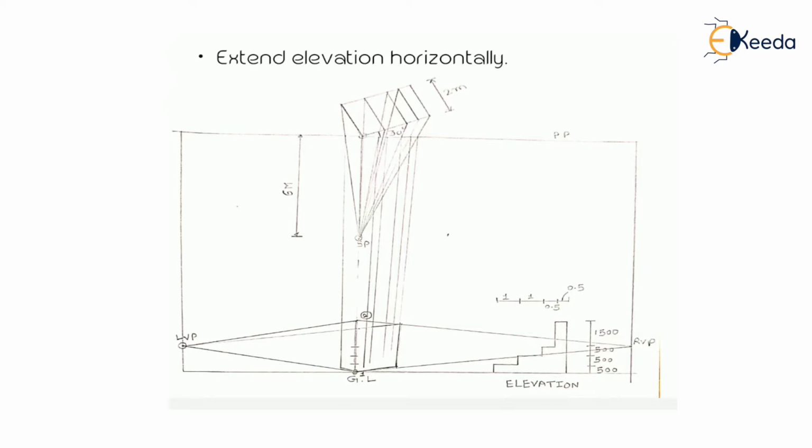That's why the elevation projections are also marked as the first point, second point, and third point. Everyone understand? From that particular point we can mark this point, from that point we mark this point, and from that point this point. Thus we mark the vertical elevation.